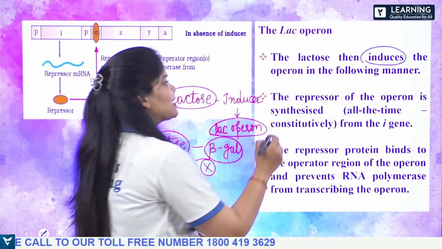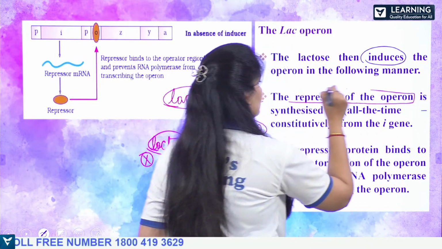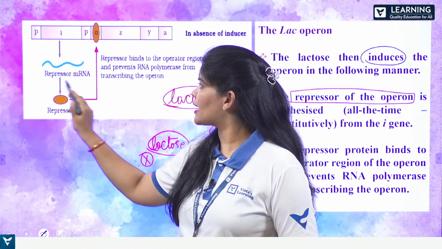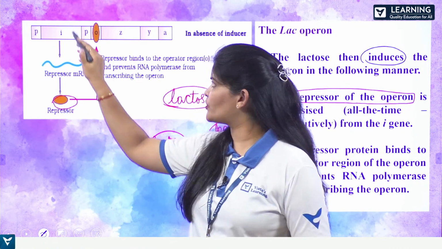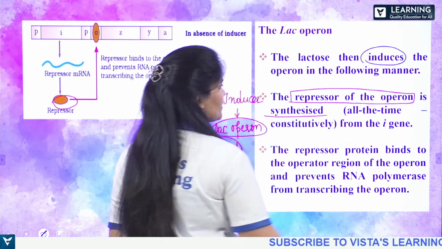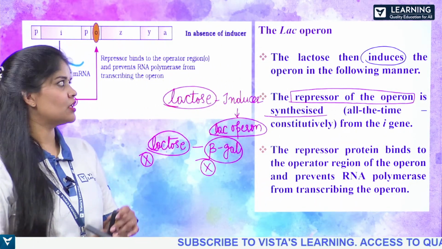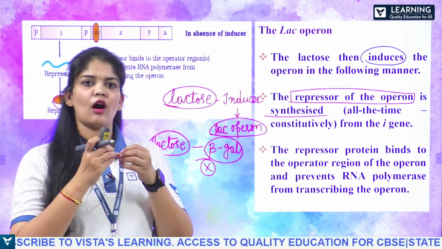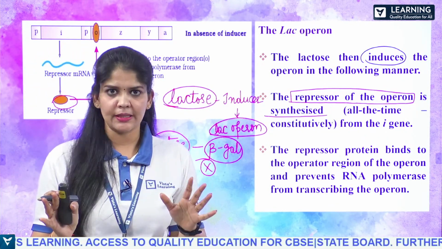Now, the repressor of the operon is synthesized, and no matter whether the operon is going to be transcribed or not, the repressor will always be present.